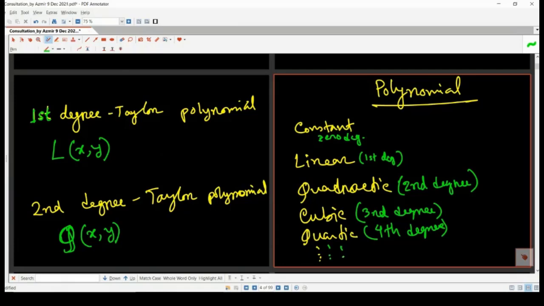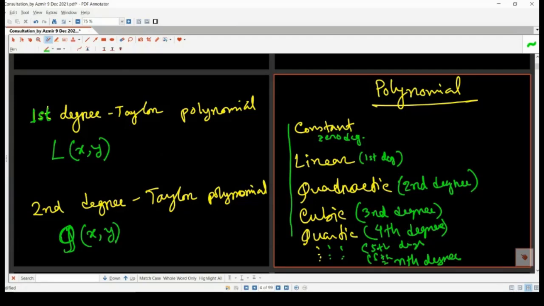If we want to go further, we can say fifth degree, sixth degree, finally nth degree polynomial. But the first five polynomials have alternative names. That means zero degree is known as constant, first degree is known as linear, second degree is known as quadratic, third degree is known as cubic, and fourth degree is quartic.